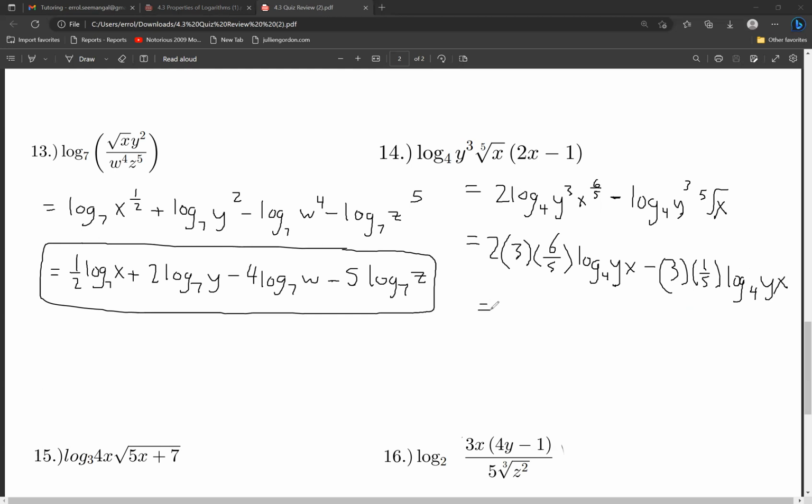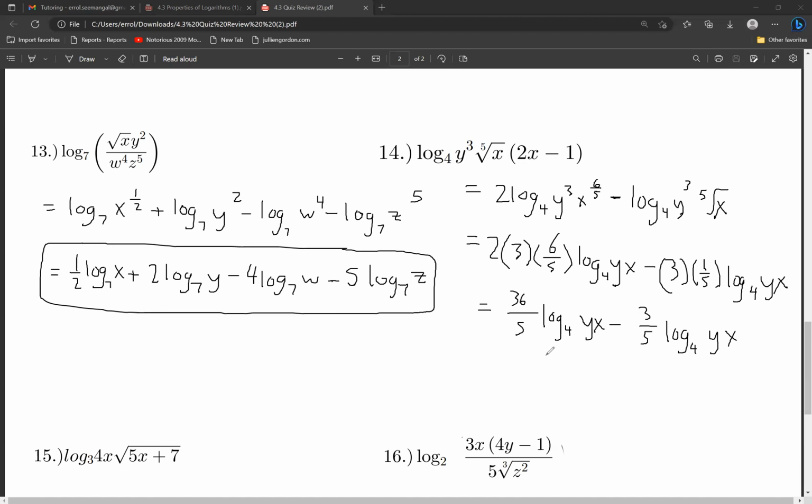What's 6 times 6? It's 36. 36 over 5 log base 4 of yx minus 3 over 5 log base 4 of y over x.